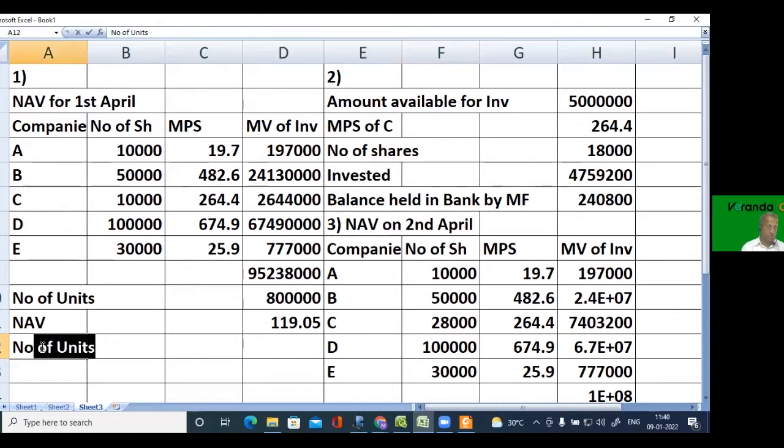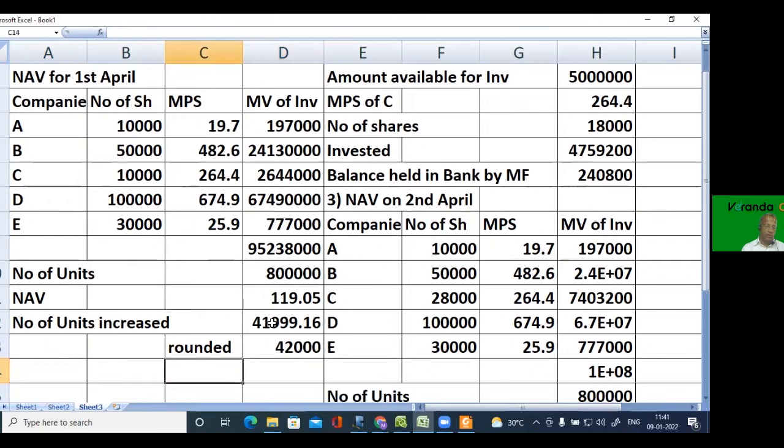So number of units increase. How do we work out? This is the 50 lakhs divided by 119.5. So you can say 42,000 units, rounded to 42,000.